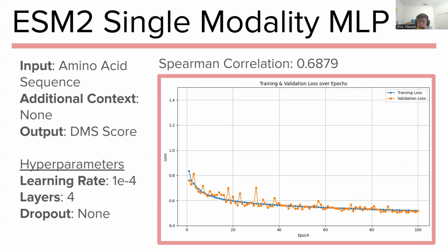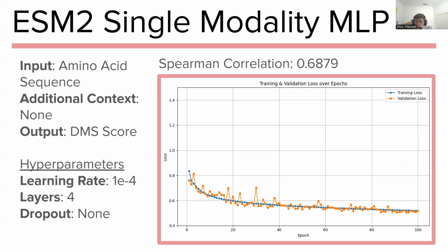This shows that it ended up learning pretty well at a pretty steady rate. Our final Spearman correlation was 0.68, which is basically our accuracy, a relative accuracy. This served as our baseline single modality, with no additional context added.